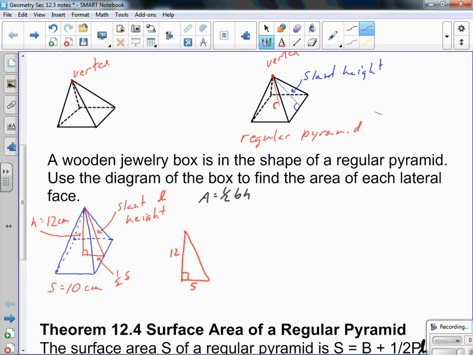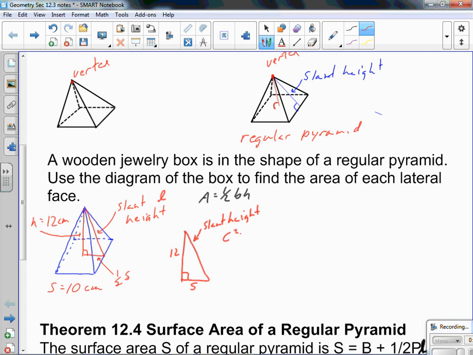Now if we look at it, we have a right triangle. We're trying to find that side, which is the slant height. So in order to find that slant height, it's actually the hypotenuse of a right triangle. They've given us two sides of the right triangle, so we can use Pythagorean's theorem to find the third side.